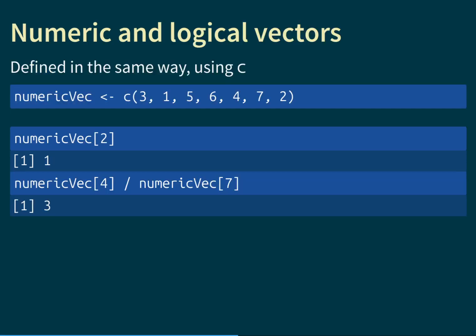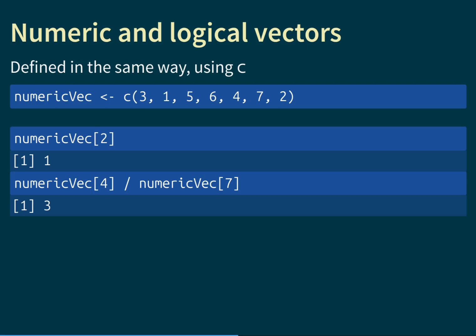The exact same thing is true of both numeric and logical vectors. They can be defined in the same way using this function called c for combine. So for example, here is a numerical vector that we call numeric vec, and it consists of the numbers 3, 1, 5, 6, 4, 7, and 2.